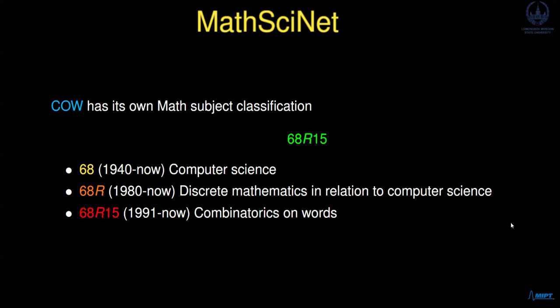An interesting fact about combinatorics on words, often abbreviated as COW, is that it has its own specific classification in the Mathematics Subject Classification MSC system used by MathSciNet.